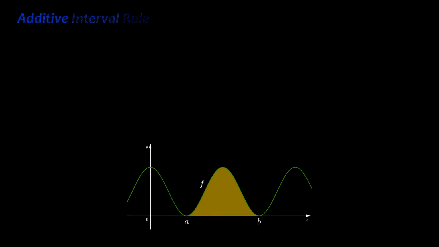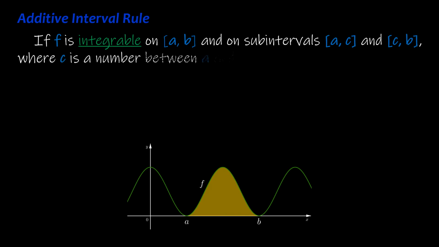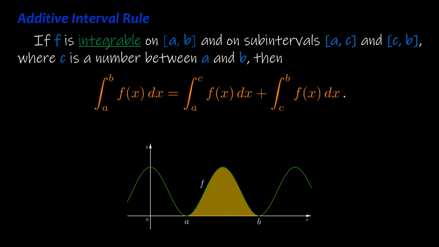Additive interval rule. If f is integrable on a closed interval a, b, and on closed subintervals a, c, and c, b, where c is a number between a and b, then the definite integral on a, b is the sum of the definite integrals on the subintervals a, c, and c, b.